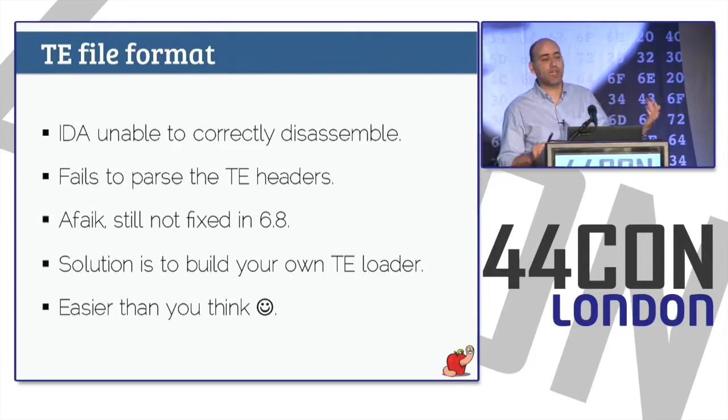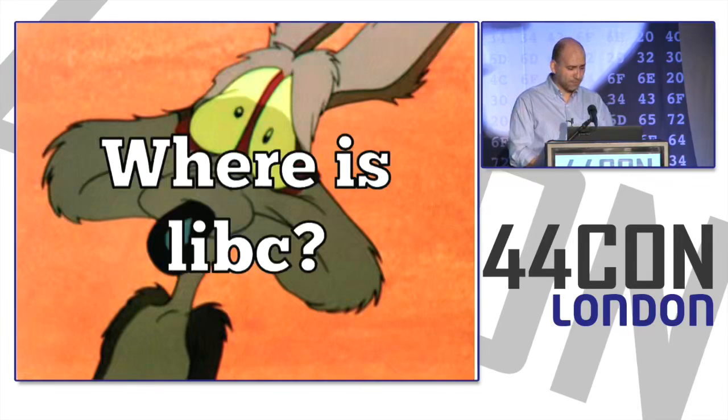You can build this in Python or C. I built one, it's very easy. At the time I didn't want to release it, but I will probably release it because enough time went by. Essentially you go to the headers, you fix stuff, you read stuff the correct way, and IDA can finally read this. It's not very difficult. This is the only problem that you have with this format. Everything else is just like PE.